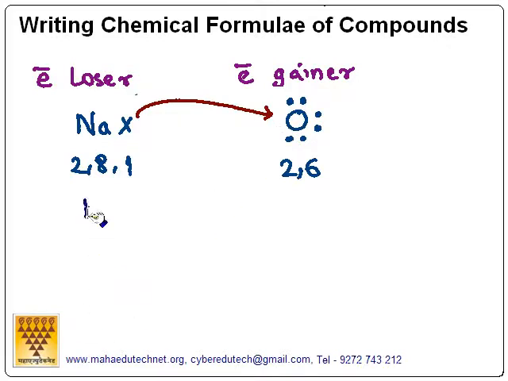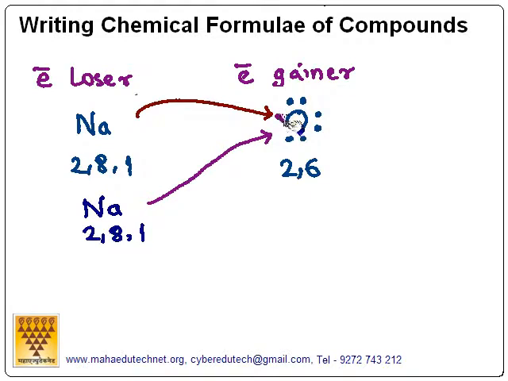So in that case, another sodium atom can come into the picture with its one electron. This sodium atom can also give its one electron to the oxygen atom so that both the sodium atoms complete their octet state.